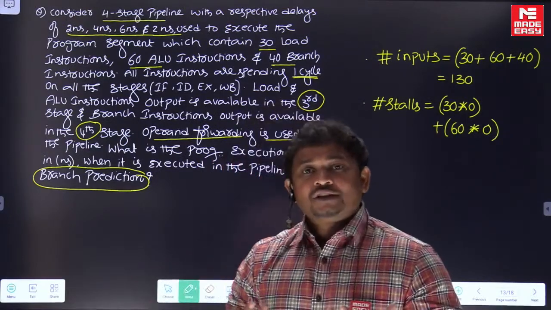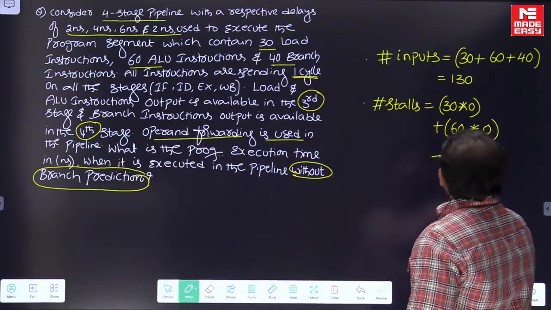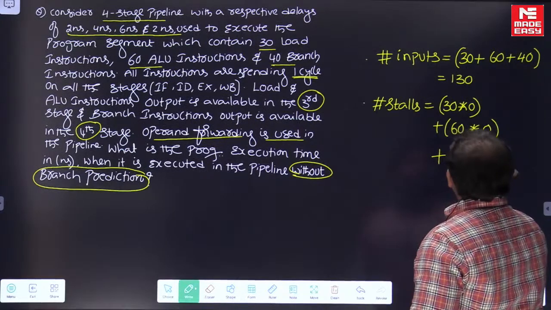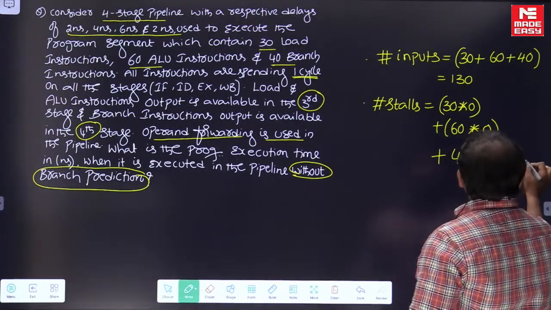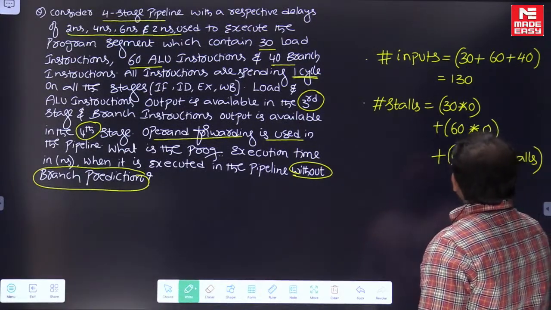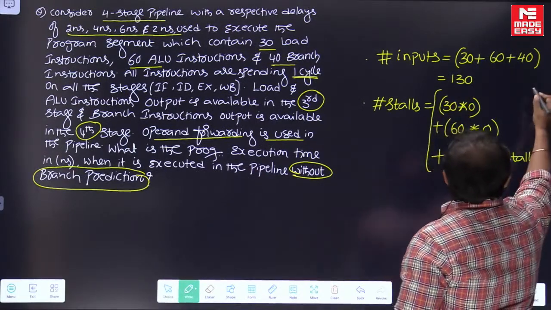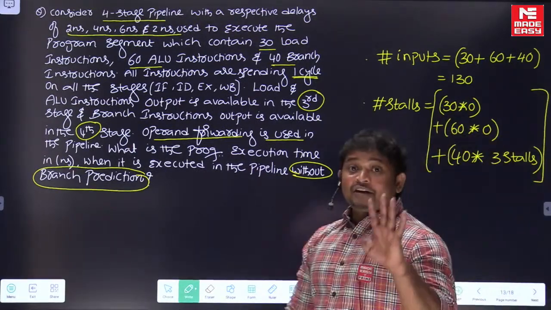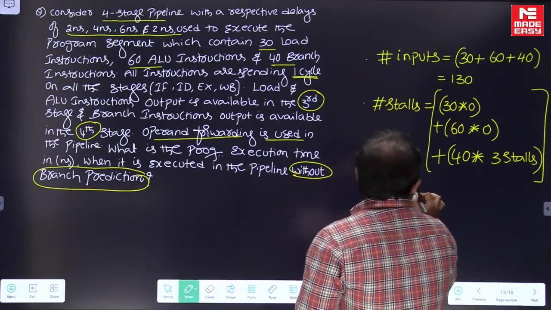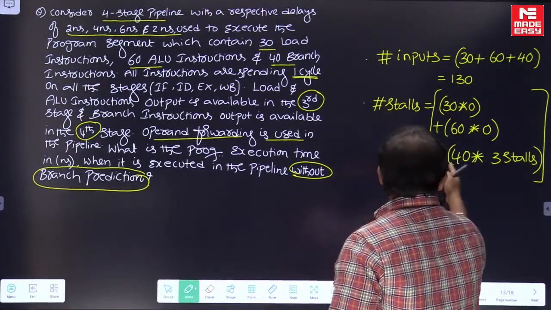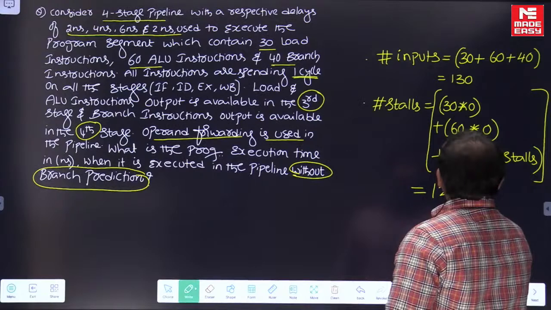The 40 branch instructions each create 3 stalls, because the target address is available in the 4th stage. So the number of stalls is 120.